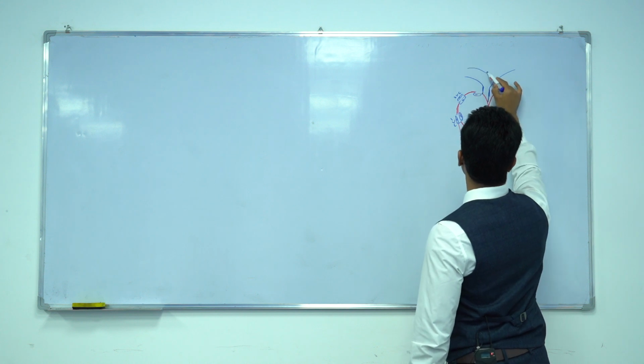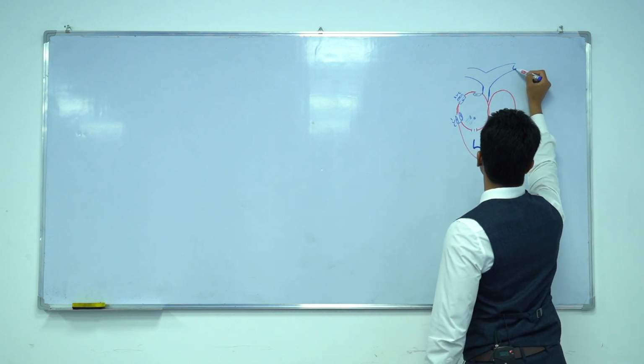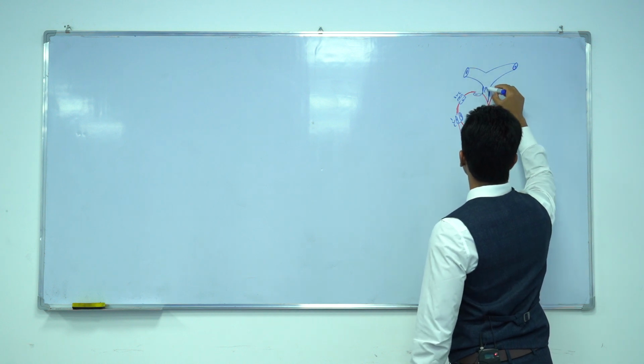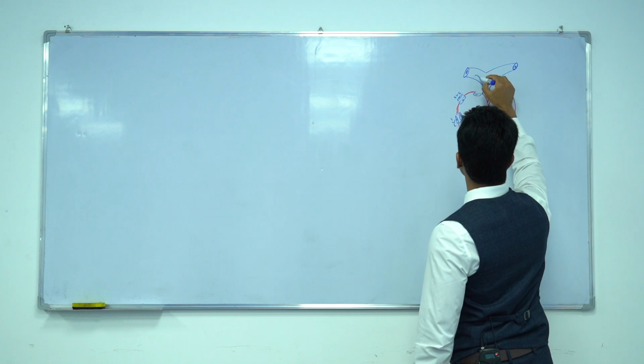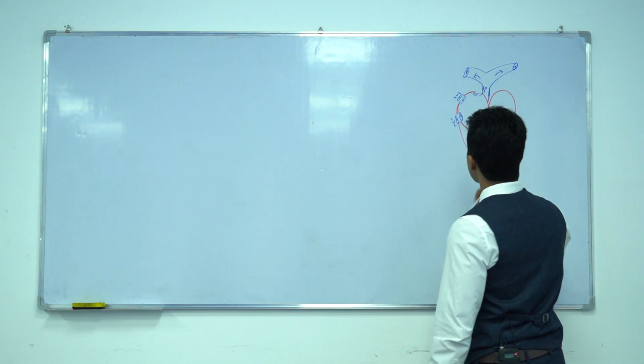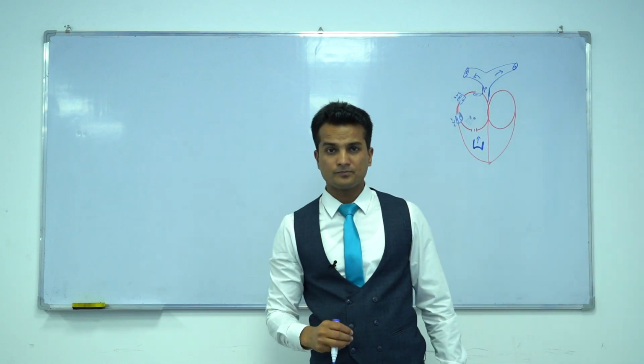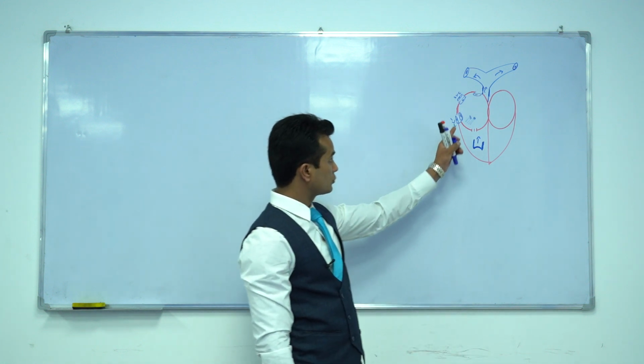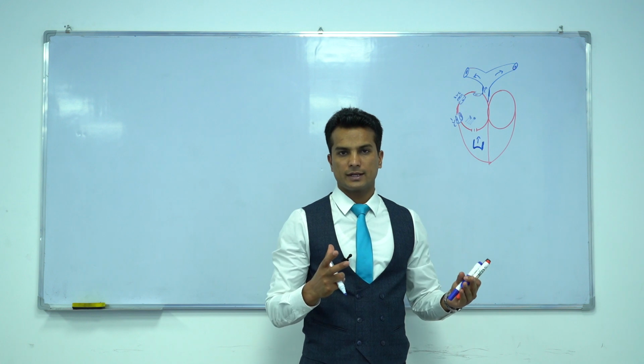So now you have to transport this deoxygenated blood to your lungs through two pulmonary arteries.